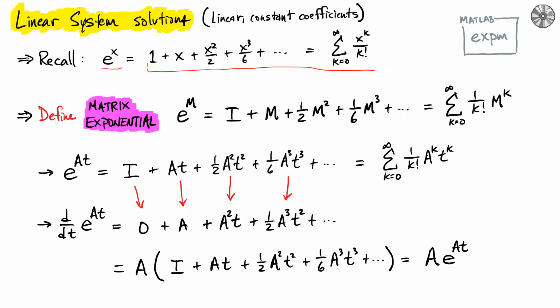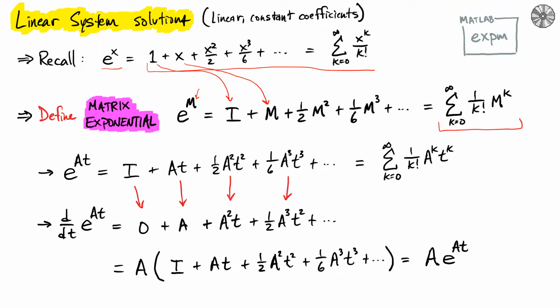What's neat is that we can define a matrix exponential, which is the exponential of a matrix, where M now is an n by n matrix. And we define that in essentially the exact same way. So 1 is replaced by the identity matrix, and then every time you see an x, you just replace it by the matrix M.